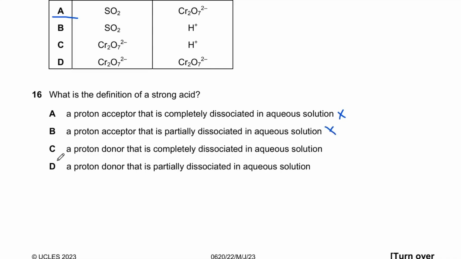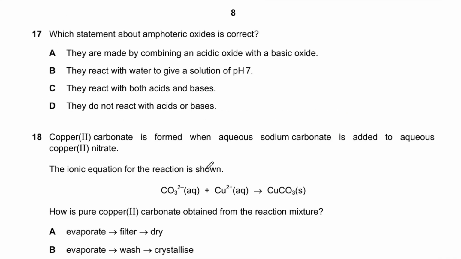Proton donor, okay, that means between C and D. Let's look at C, a proton donor that is completely dissociated in aqueous solution. That's correct. And let's look at why D is not the correct option. A proton donor that is partially dissociated. That is wrong. The reason why D is wrong is because a strong acid completely dissociates in aqueous solution, while a weak acid partially dissociates in aqueous solution.